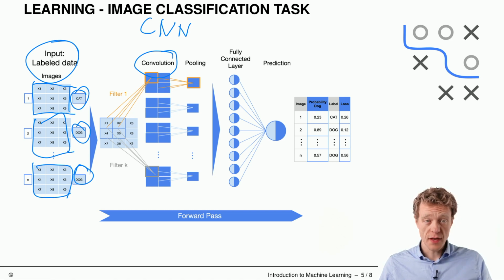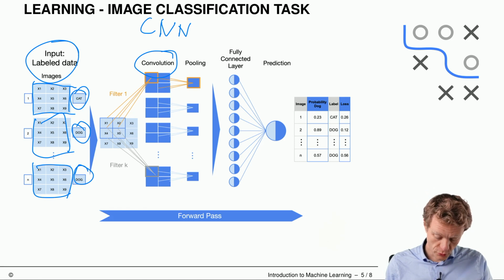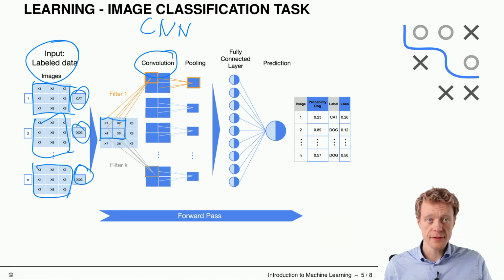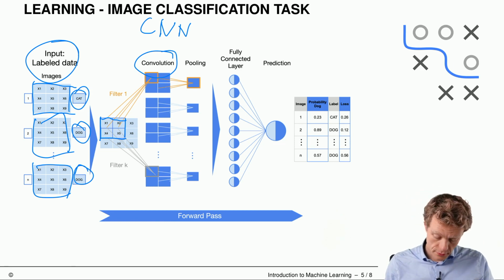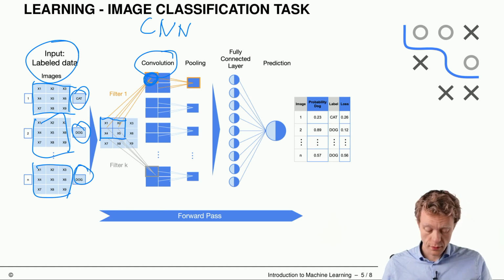What convolution does now is that we move a sliding window of a small filter, which has to be smaller than the input image, let's say 2 by 2. We move this over the image and compute a convolution of the filter and the part of the image that we can see with the filter, and store the result of that convolution here.